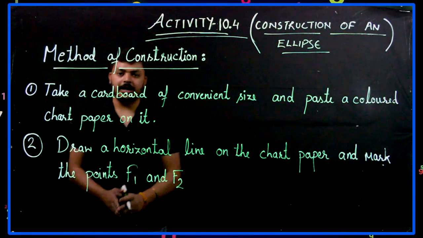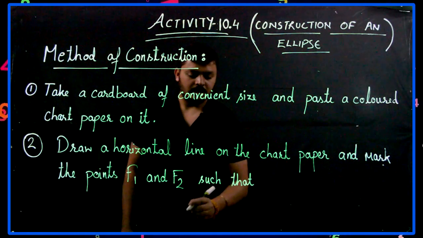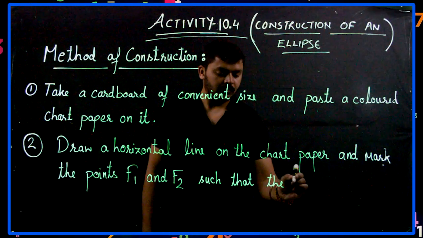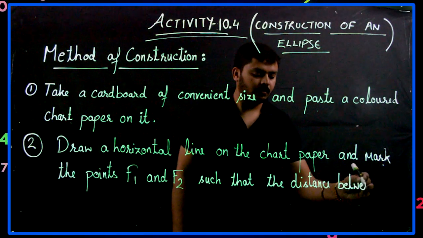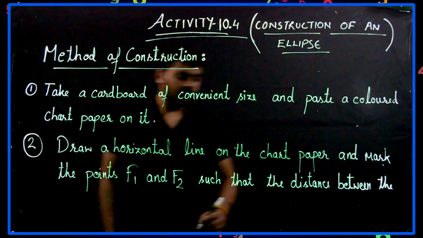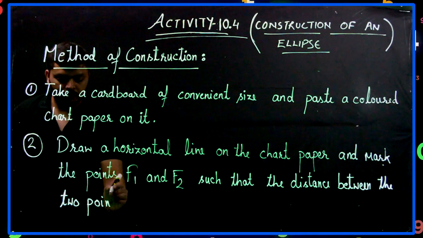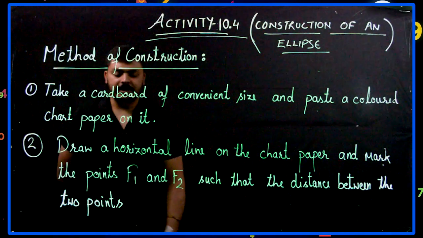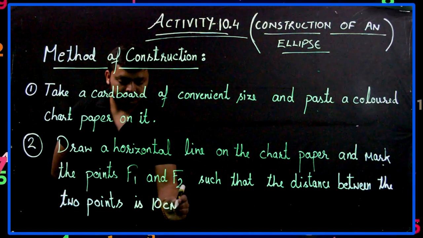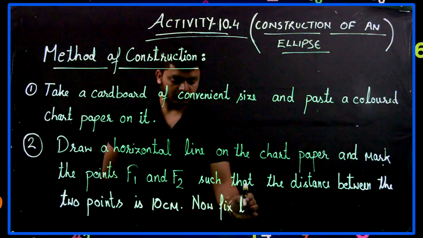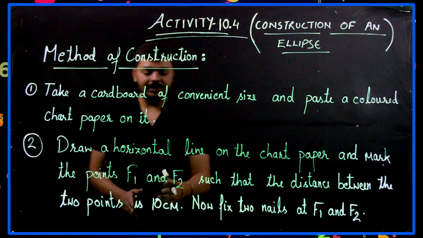The 2 points F1 and F2 should be at a distance of 10 cm, such that the distance between the 2 points, that is F1 and F2, is 10 cm. Now fix 2 nails at the 2 points, that is F1 and F2.